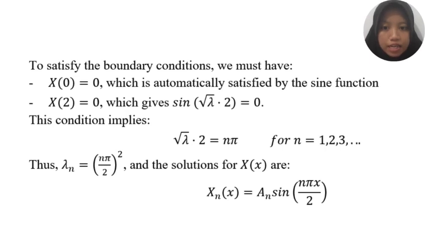This second condition implies that square root of lambda times 2 equal to n pi, for n equal to 1, 2, 3, and so on. Thus, lambda n equal to (n pi over 2) squared, and the solutions for X(x) are Xn(x) equal to An sine of n pi x over 2.